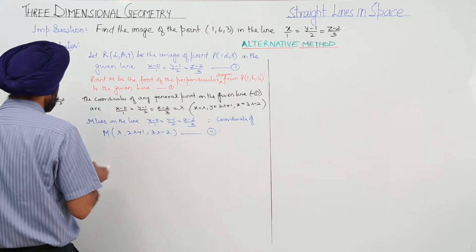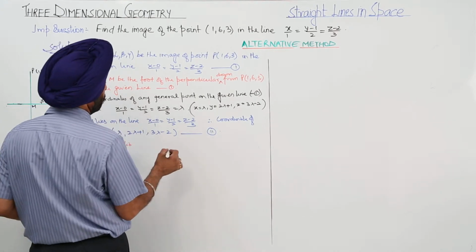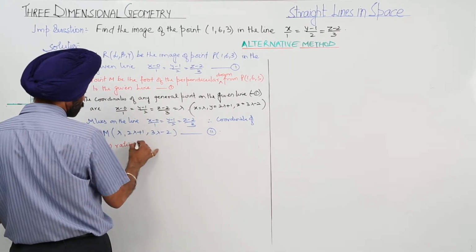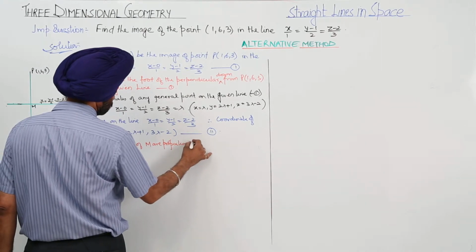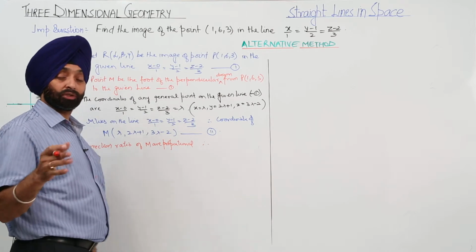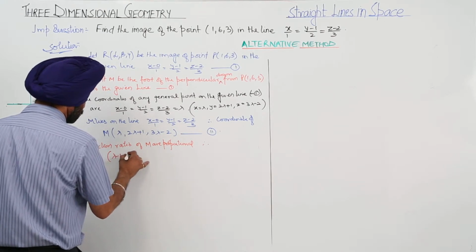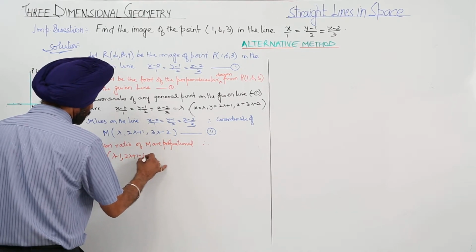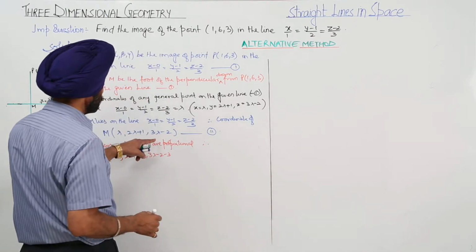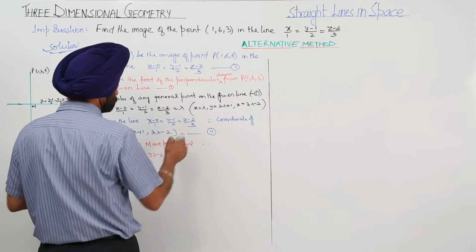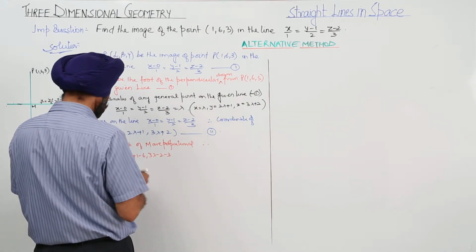Now the direction ratios of PM are lambda minus 1, 2 lambda plus 1 minus 6 and 3 lambda plus 2 minus 3.